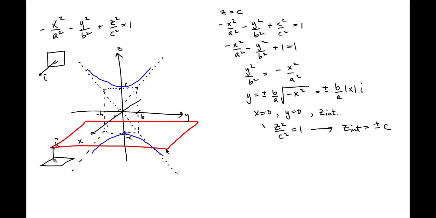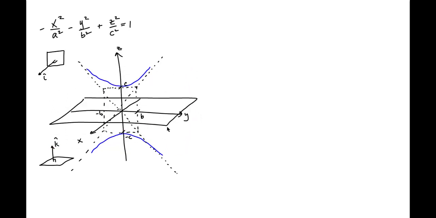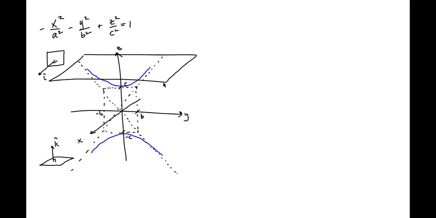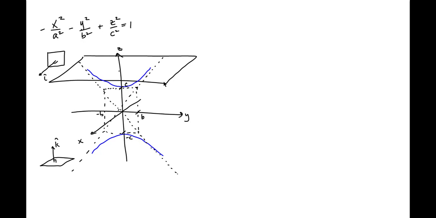Well, what if we take another plane? Let's take our plane maybe up here somewhere. We'll call that value arbitrarily z naught. So we're going to find the z equals z naught trace. That z equals z naught trace looks like, at least the equation looks like, minus x squared over a squared minus y squared over b squared plus z naught squared over c squared is equal to 1.